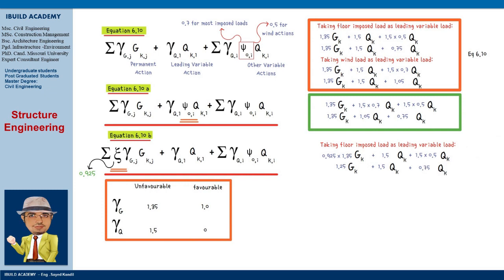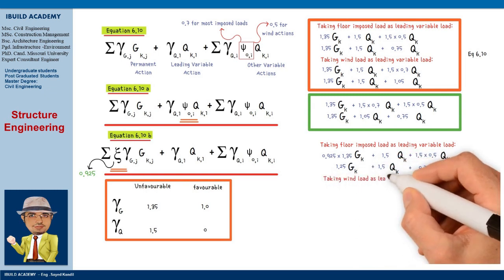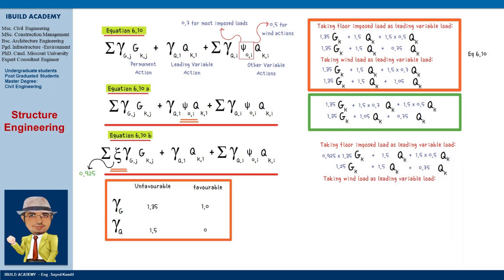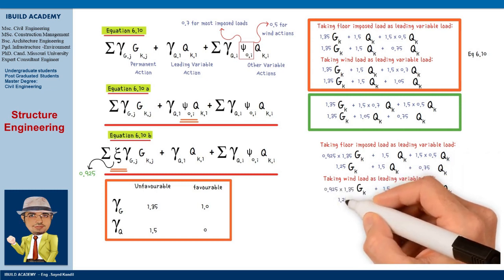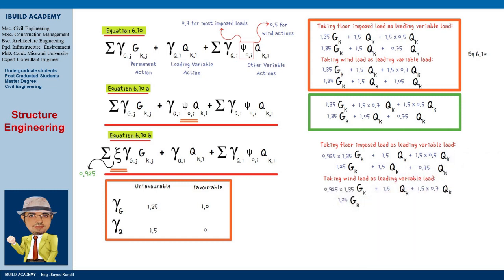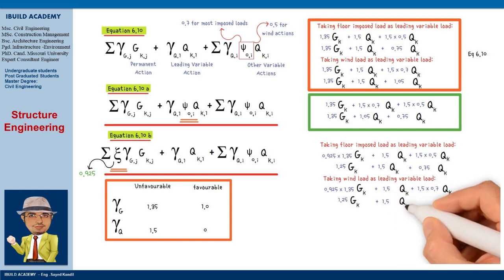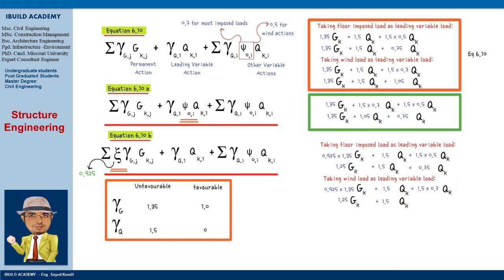Next, we'll consider two other possible situations. Now if we take the wind as the leading variable load, we will get 1.25 times the permanent action, plus 1.5 times the leading variable load, which is the wind load, plus 1.05 times the other variable load, which is the imposed load. Now if we assume that there is no leading variable, then we treat both the imposed and the wind load as other variables.